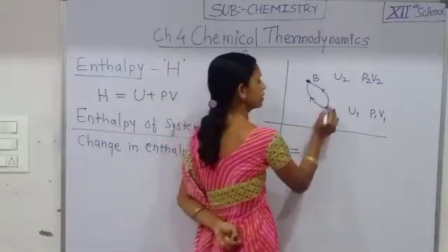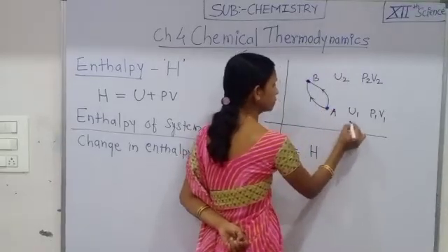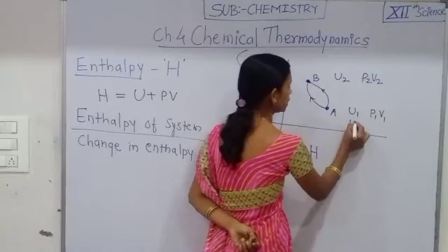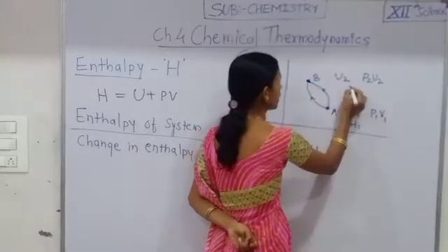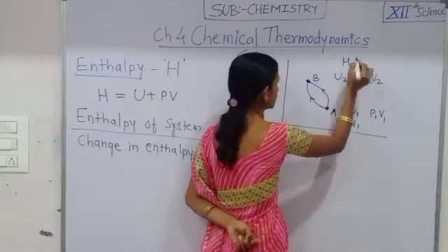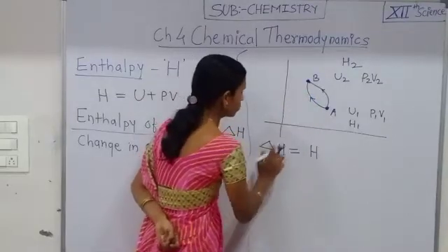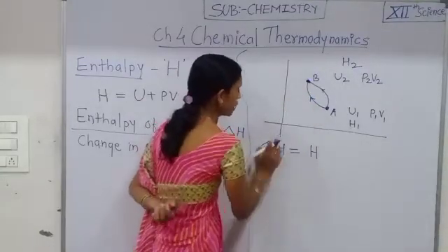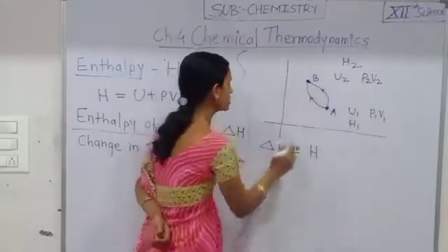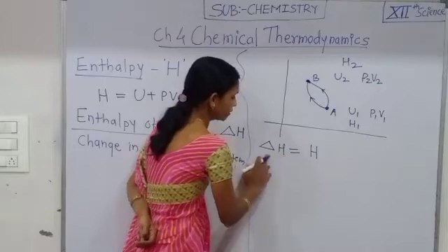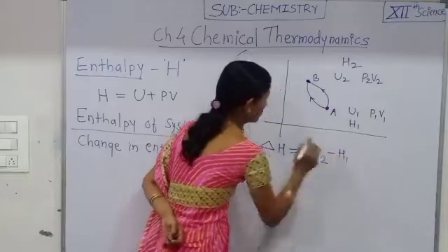When the system is at state A, the enthalpy of that system is H1, and when the system reaches state B, the enthalpy is H2. Then the enthalpy change of that system or process or chemical reaction can be calculated by delta H is equal to H2 minus H1.